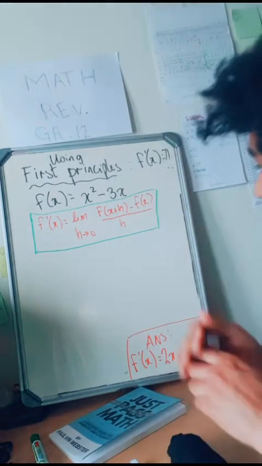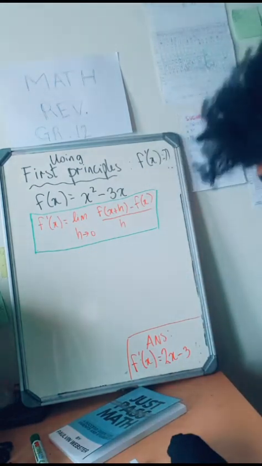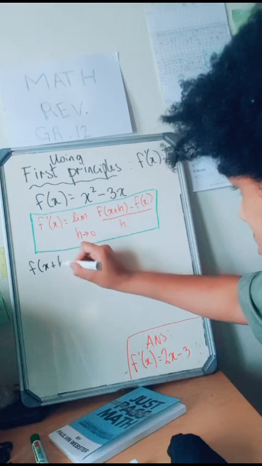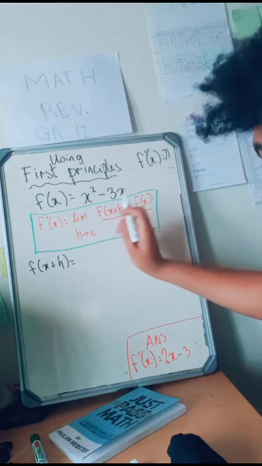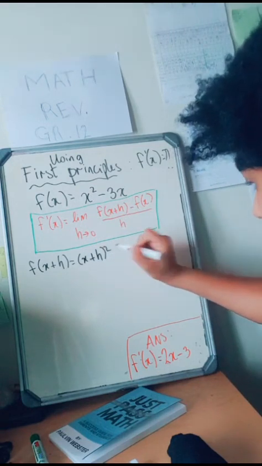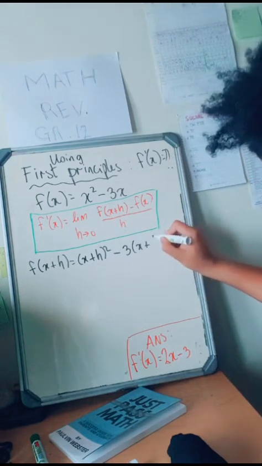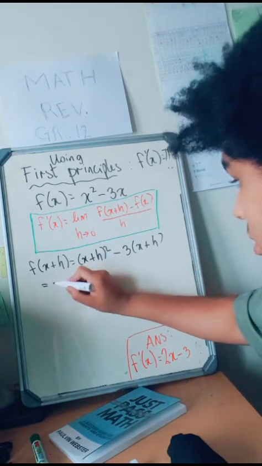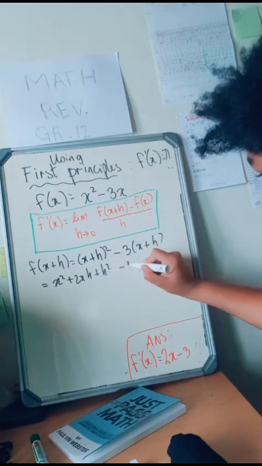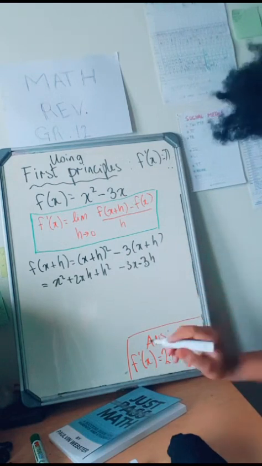We need to start over, guys. Okay, let's do this. Let's do this here first. Wherever we see x squared, we're going to have x plus h squared, and then minus 3 times x plus h. So x squared plus 2xh plus h squared minus 3x plus negative 3h.